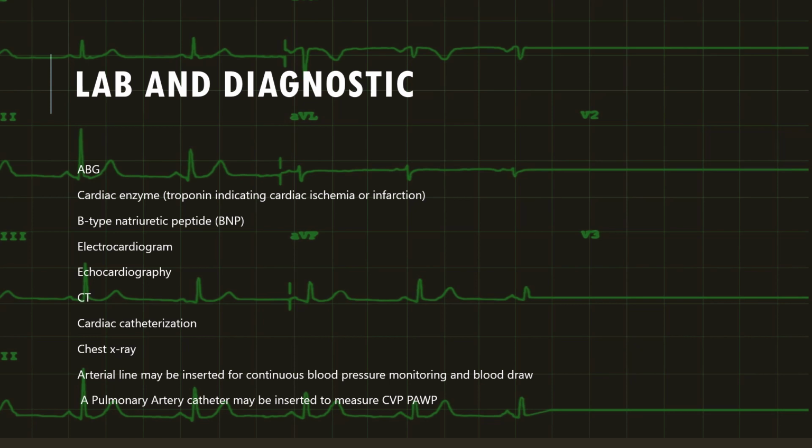We will also do a CT scan. This will check for cardiomegaly, cardiac tamponade, pulmonary emboli, and cardiomyopathy. We also do cardiac catheterization to identify coronary artery blockage. Chest X-ray is used to diagnose cardiomegaly or evaluate the lungs.